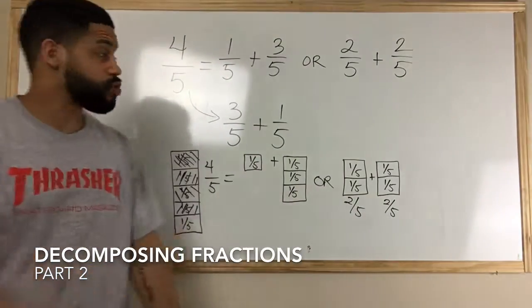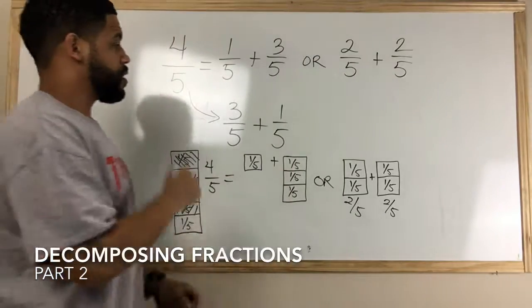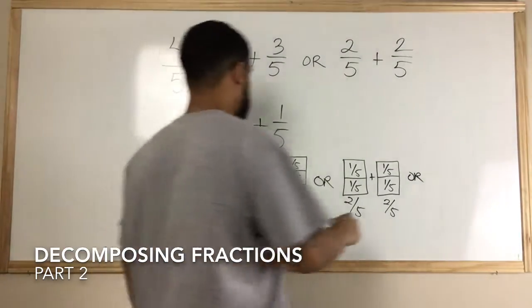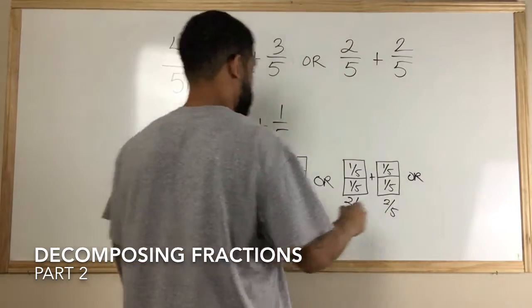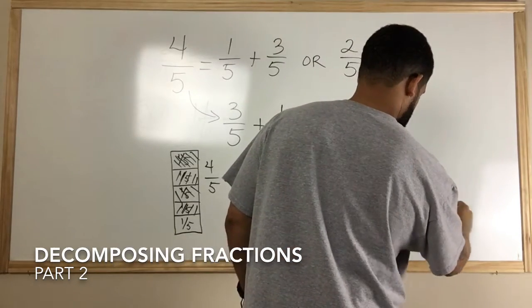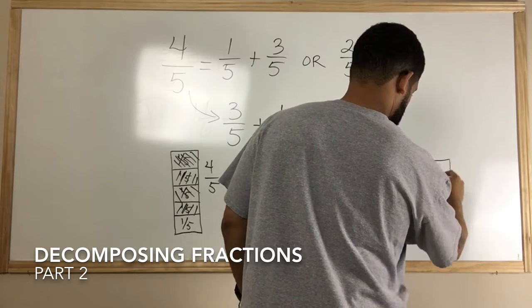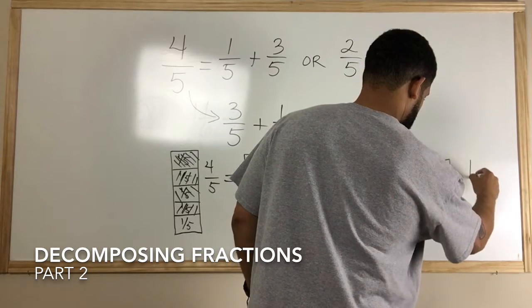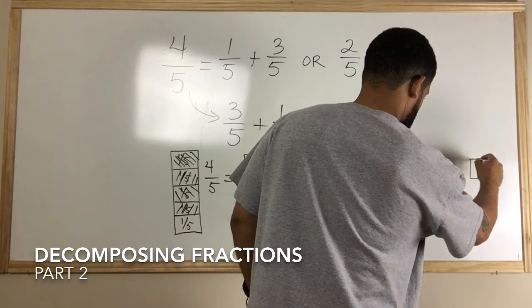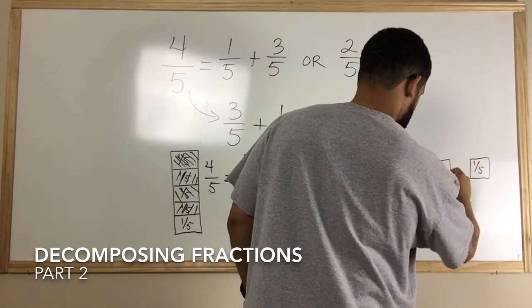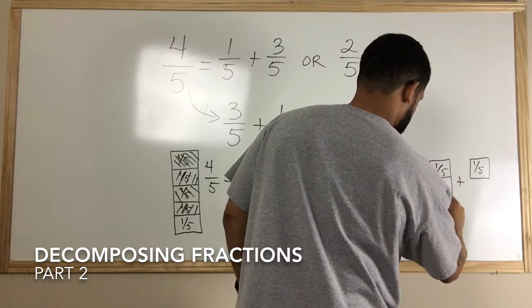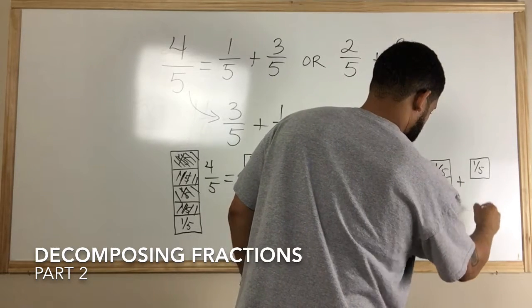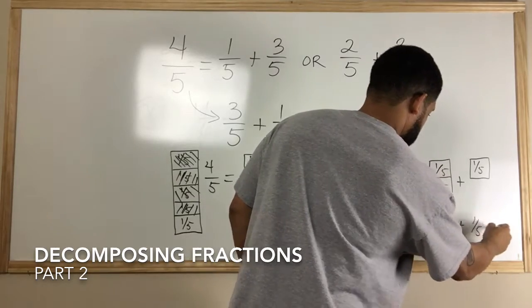We're just putting a visual of what we have up here. And then the same thing we could say 3/5 plus 1/5, okay? So we have 3/5 plus that 1/5.